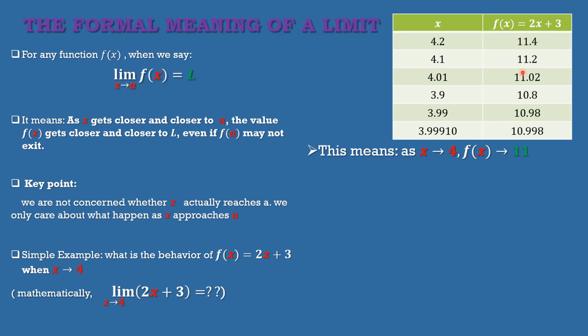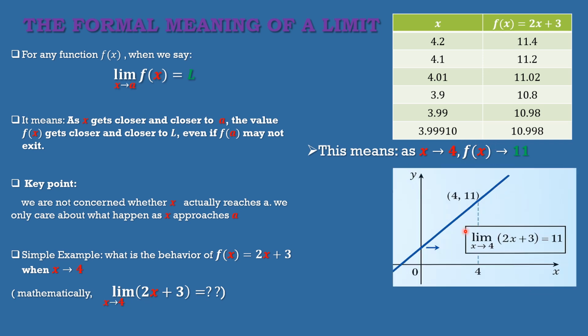The whole number for 11.2 is 11. The approximate number for 11.02 is 11. The approximate number for 10.8 is 11. 10.98 is 11, 10.998 is 11, which means that as x gets closer and closer to 4, the behavior of f of x will be 11.